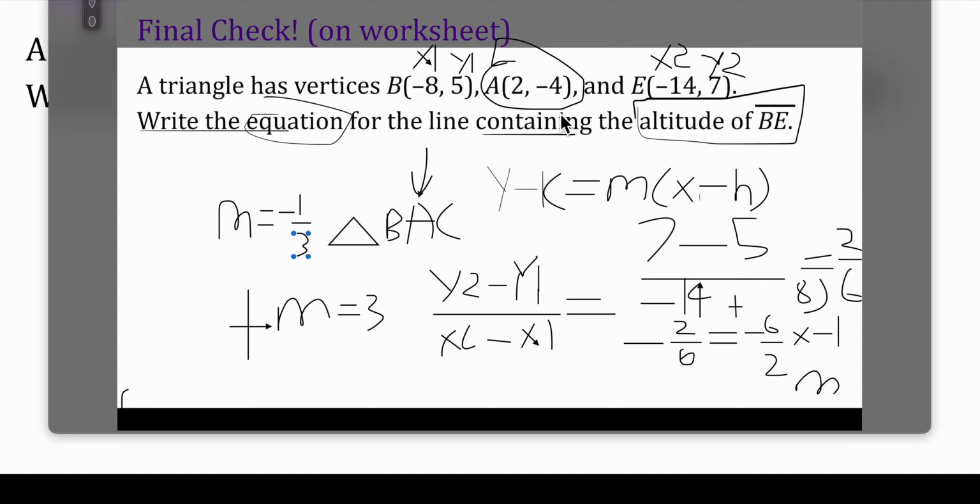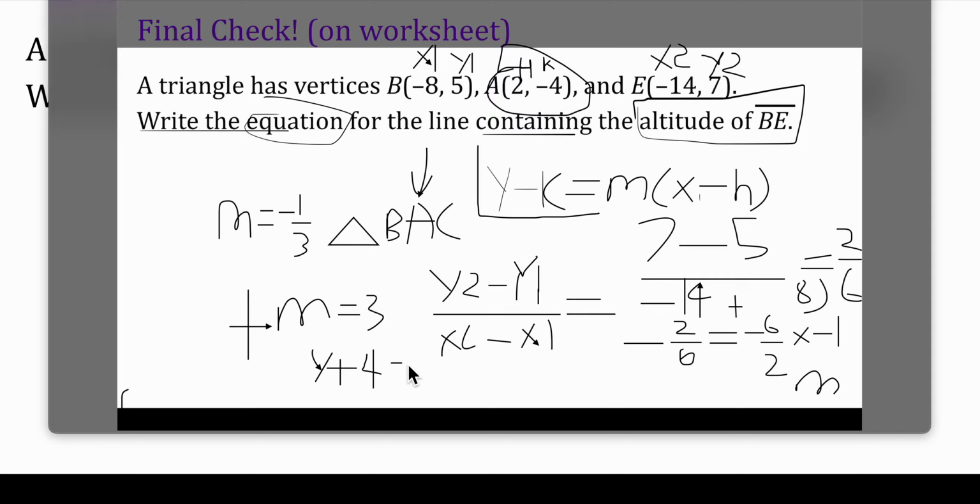Now we plug this into this equation right here. So this is what we plug in for h and k. y minus k, where k is negative 4, but it's a negative sign, so that cancels out, which makes it plus 4.